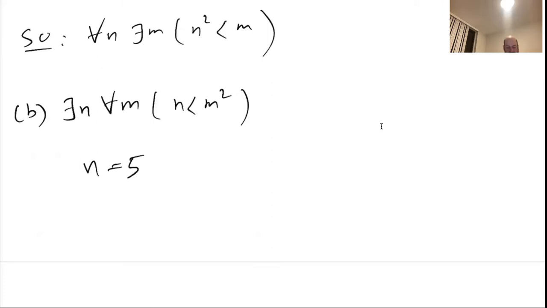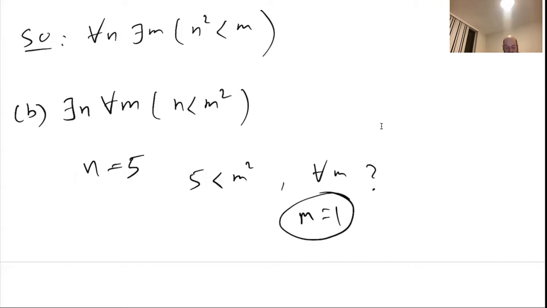Can we say that 5 is less than m squared for each m? Well, is it true? It's not true because, for example, m equals 1. If m is 1, then 1 squared is not bigger than 5. So for n equals 5, this is not true.